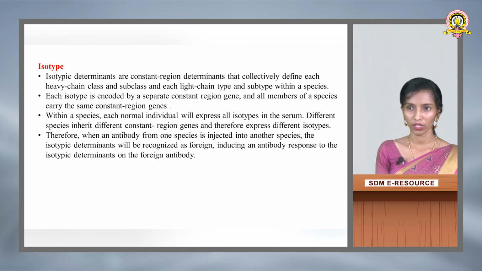So, within a species, each normal individual will express all isotypes in the serum. Different species inherit different constant region genes and therefore express different isotypes. Therefore, when an antibody from one species is injected into another species, the isotypic determinants will be recognized as foreign, inducing an antibody response to the isotypic determinants on the foreign antibody.